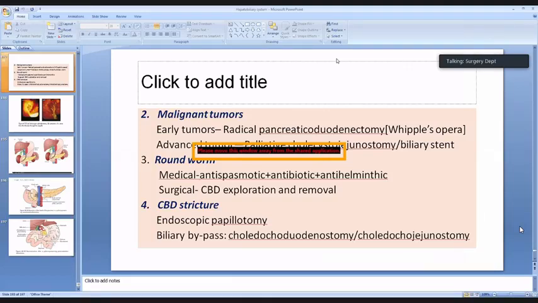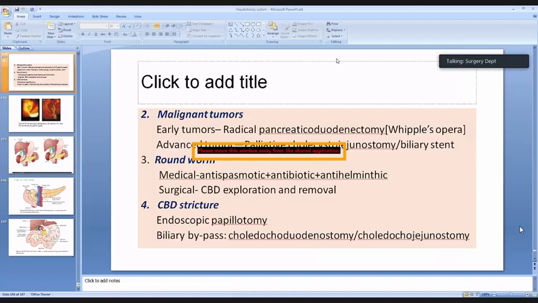If it is due to stone, treatment is cholecystectomy and choledocholithotomy or laparoscopic cholecystectomy with bile duct exploration or ERCP extraction of the bile duct stone followed by laparoscopic cholecystectomy. If it is malignant tumor in early stage, curative resection in the form of radical pancreaticoduodenectomy, that is Whipple's operation.